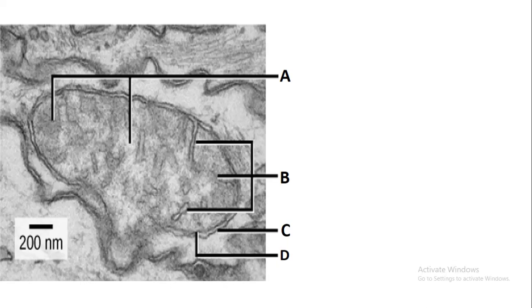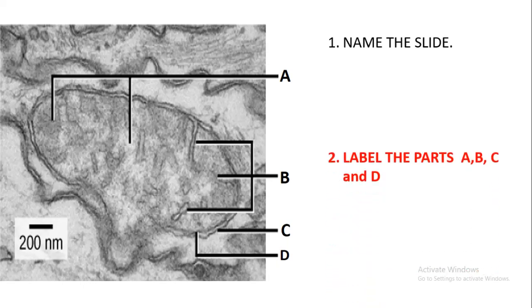But it is there in the histology lab exam. And you'll be asked to do what? One, the question is, name the slide. What is this? Automatically, it is the mitochondria.